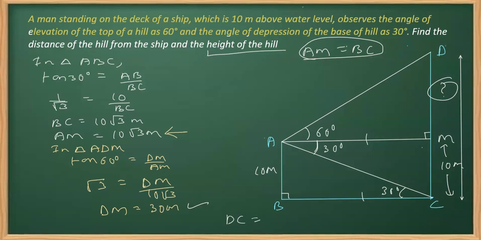So clearly DC, which I told you, is DM plus CM. DM, which we have calculated from here, that is 30, and CM, which is given as 10. So therefore this comes out to be 40 meter. And that is our final answer for this question.